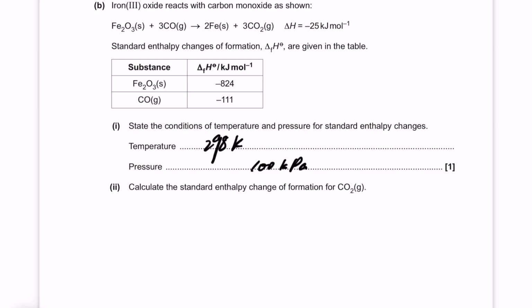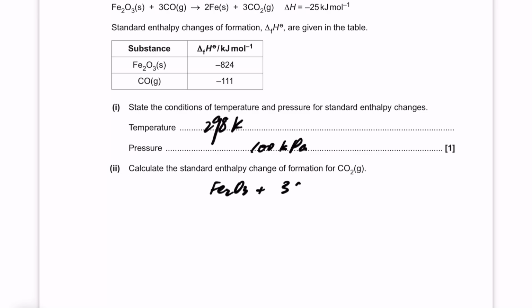Calculate the standard enthalpy change of formation for CO2. Well, even though the question didn't say it right away, we need an enthalpy cycle in order to figure it out. And in order to have a cycle, I'm going to write out the equation again, and I'll construct the cycle accordingly. Okay, don't worry too much about this equation.